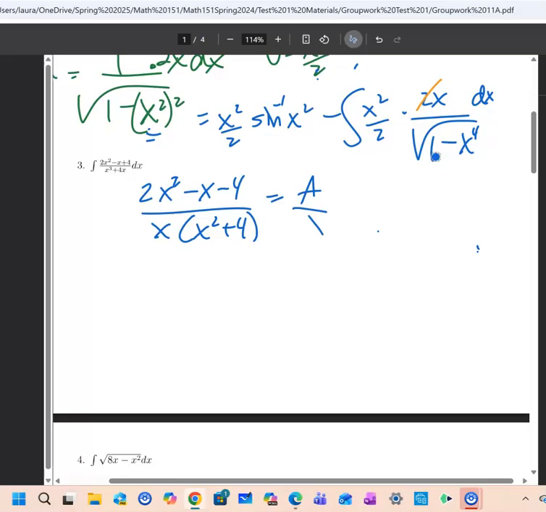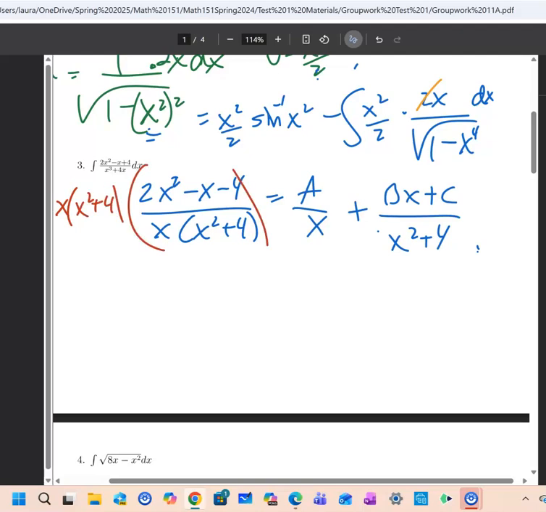All right, now I know how to set this up. I get A over x plus Bx plus C over x squared plus 4. So then remember, the idea is to multiply both sides by the denominator from the left-hand side, right? So multiply both sides.